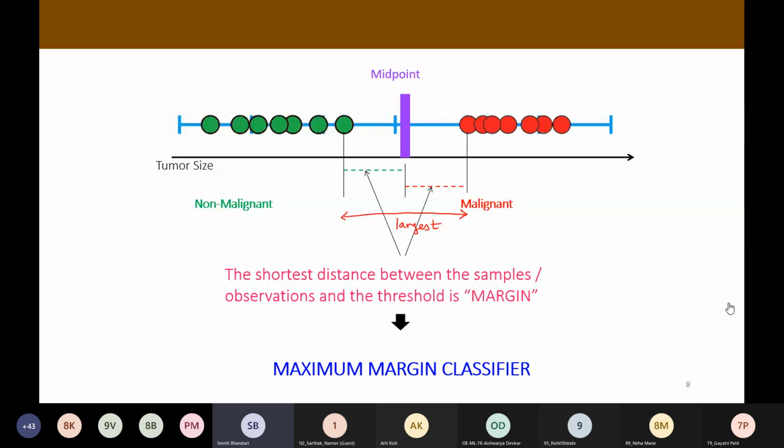So I hope you have understood this concept. Please remember, support vector machines are very popular because they are used to classify data whether it is linear or non-linear.